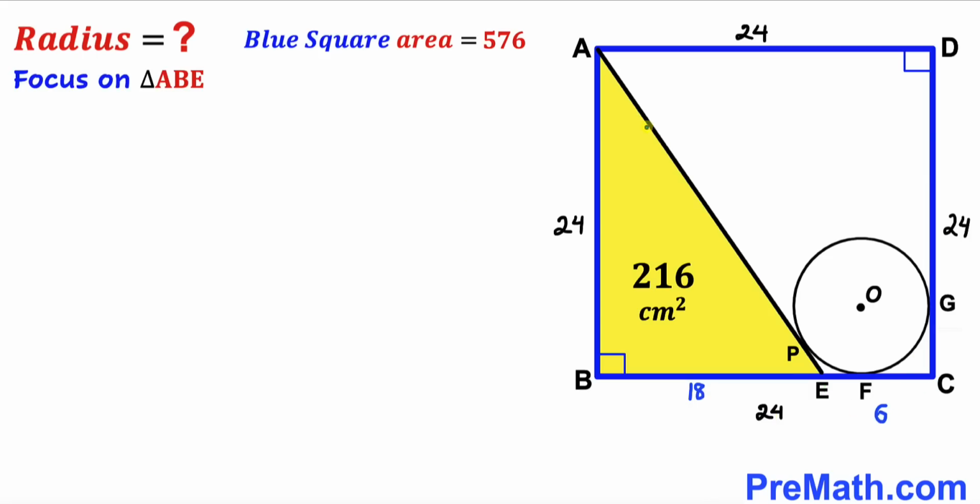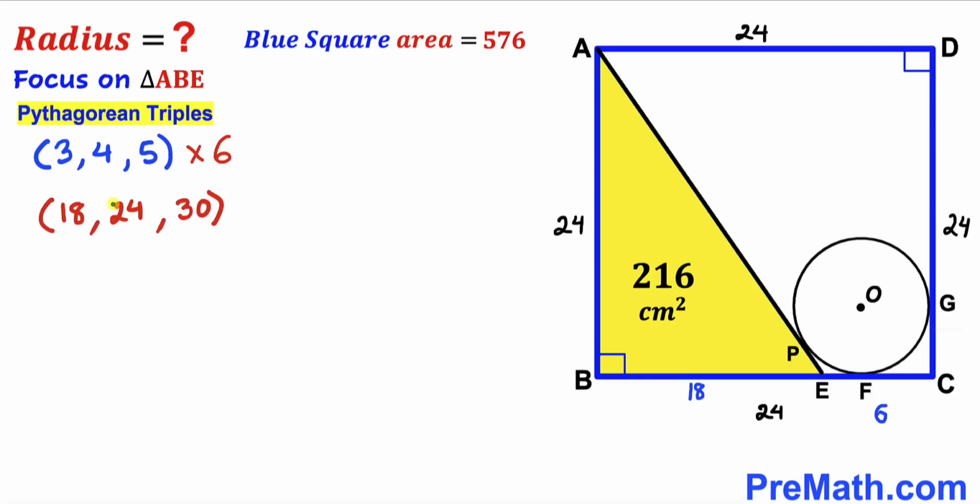And now let's focus once again on this yellow shaded triangle. Let's recall the Pythagorean triplets 3, 4, 5. If we multiply each and every number by 6, then our new set of Pythagorean triplets is going to be 18, 24, and 30.